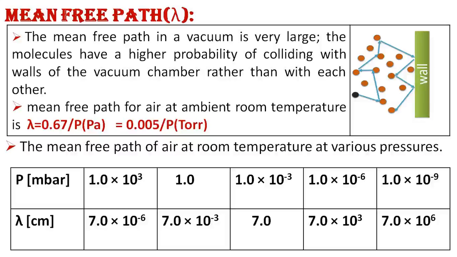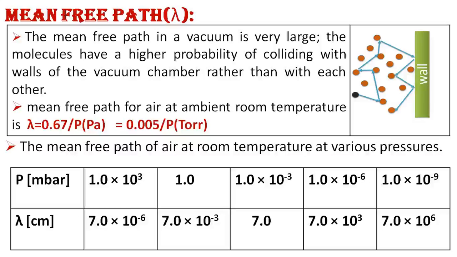The following table shows the mean free path at various pressures at room temperature. The first row is the pressure in millibar and the second is the mean free path in centimeters. When the pressure is 1 into 10 raised to 3, you get 7 into 10 raised to minus 6.